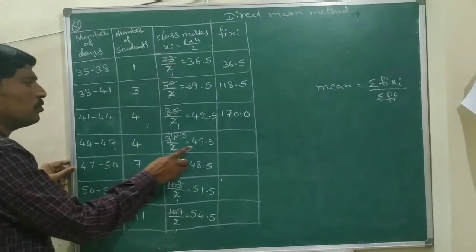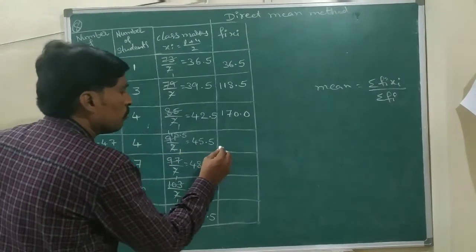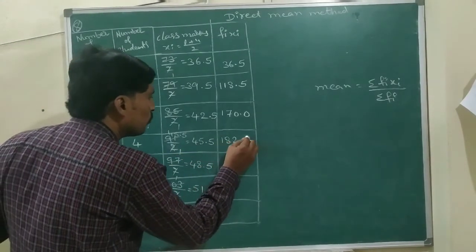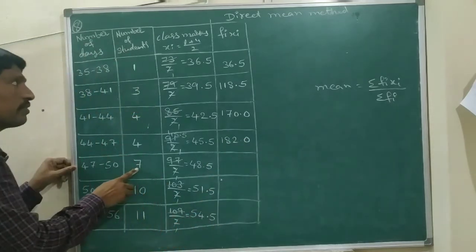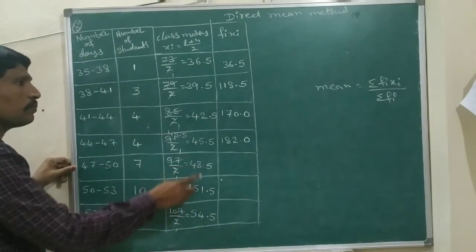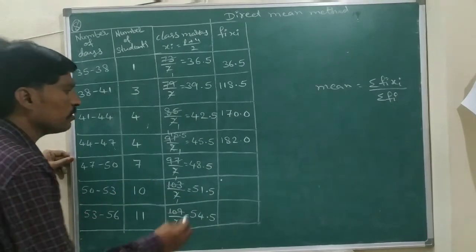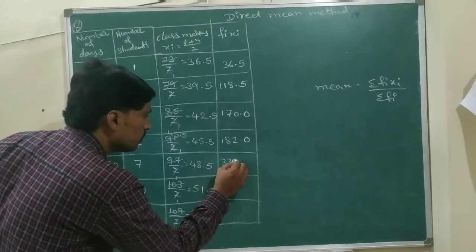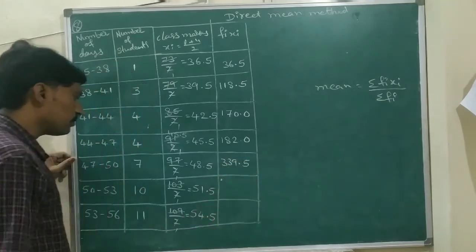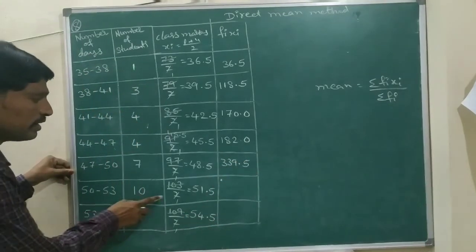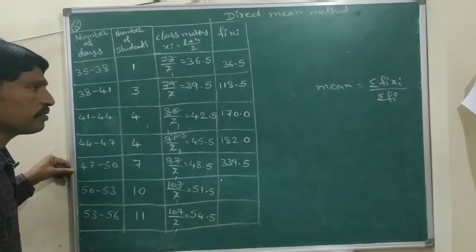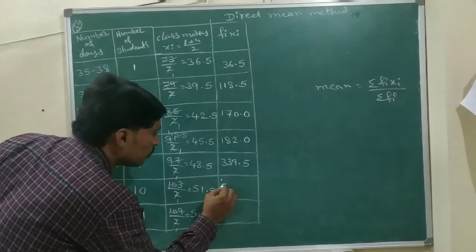That is 4 into 45.5 is 182.0. Next, fi is 7, xi is 48.5. 7 into 48.5 is 339.5. Next, 10 into 51.5 is 515.0.